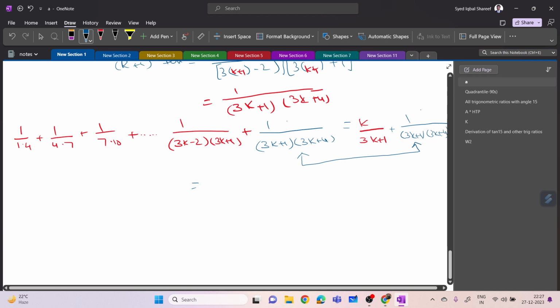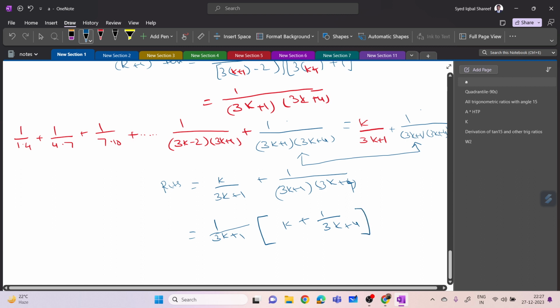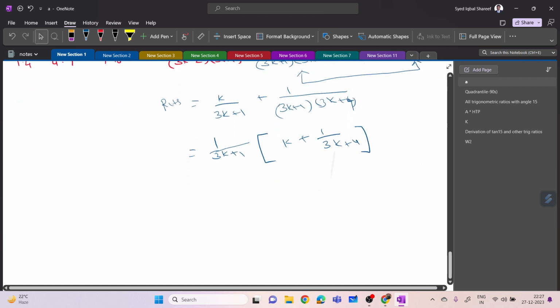Now we have to simplify this right hand side. K by 3k plus 1 plus 1 by (3k plus 1)(3k plus 4). So 1 by 3k plus 1, if I take it out, we are left with k plus 1 by 3k plus 4.